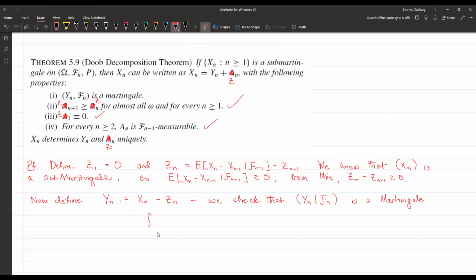I take an integral with respect to some Fn minus 1 measurable set A of Yn. And I'm going to note that per the definition up above, that simply means that with respect to A, we're taking the integral of Xn minus Zn, like so.